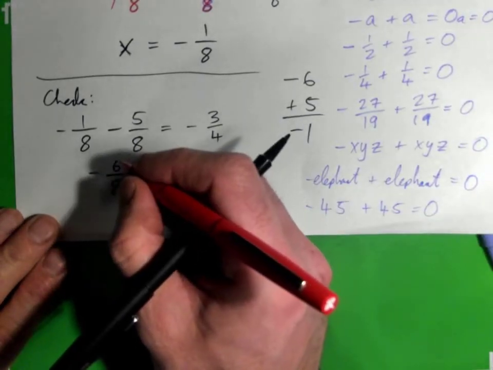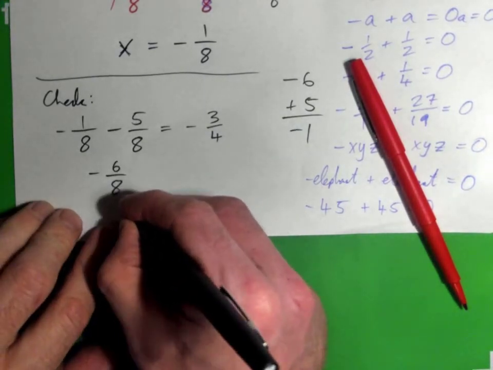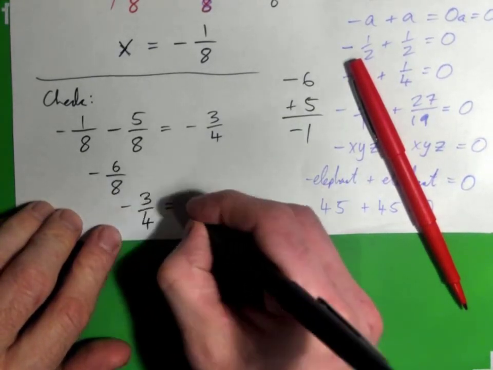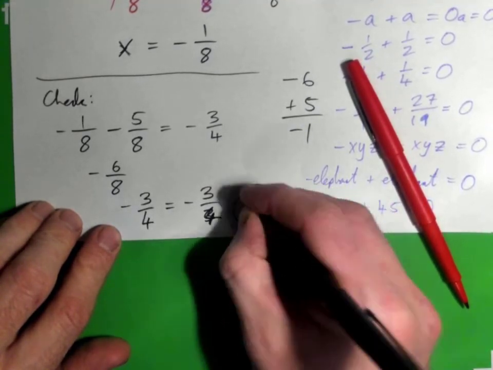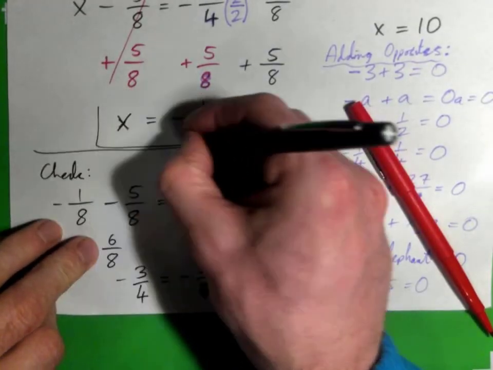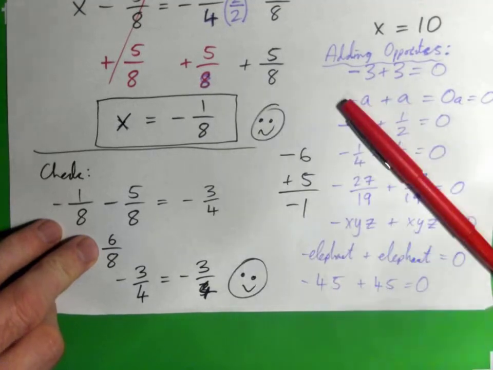Yep, 3/4. So that would be negative 3/4. So we've got negative 3/4 equals negative 3/4. So that worked. The answer is x equals negative 1/8. That checks out. That solves the equation. So we are correct, right? Good.